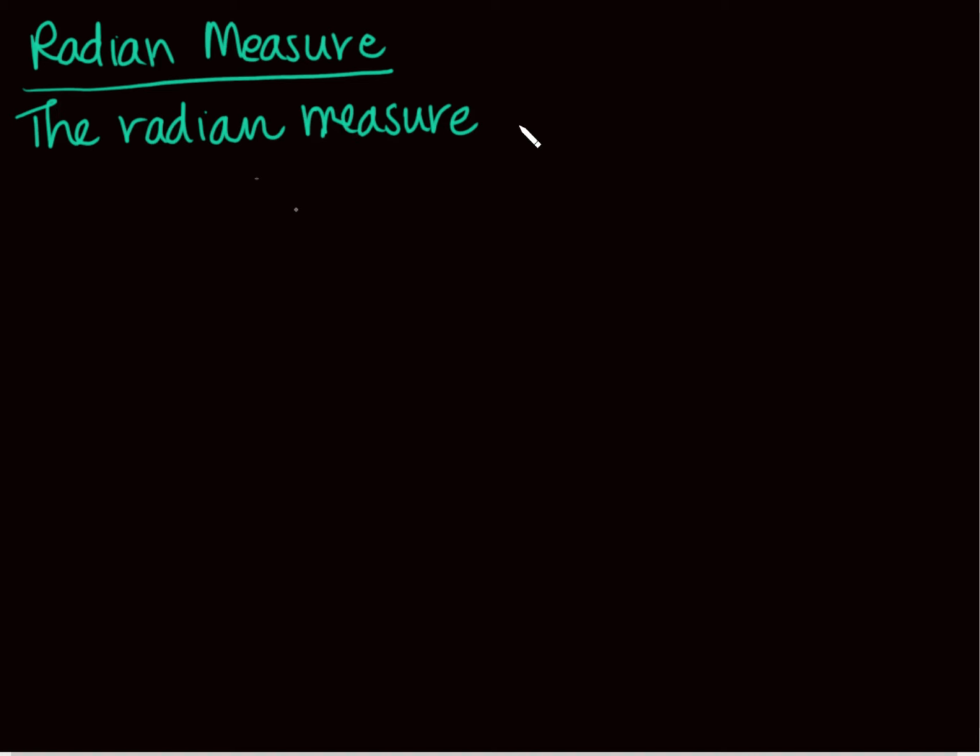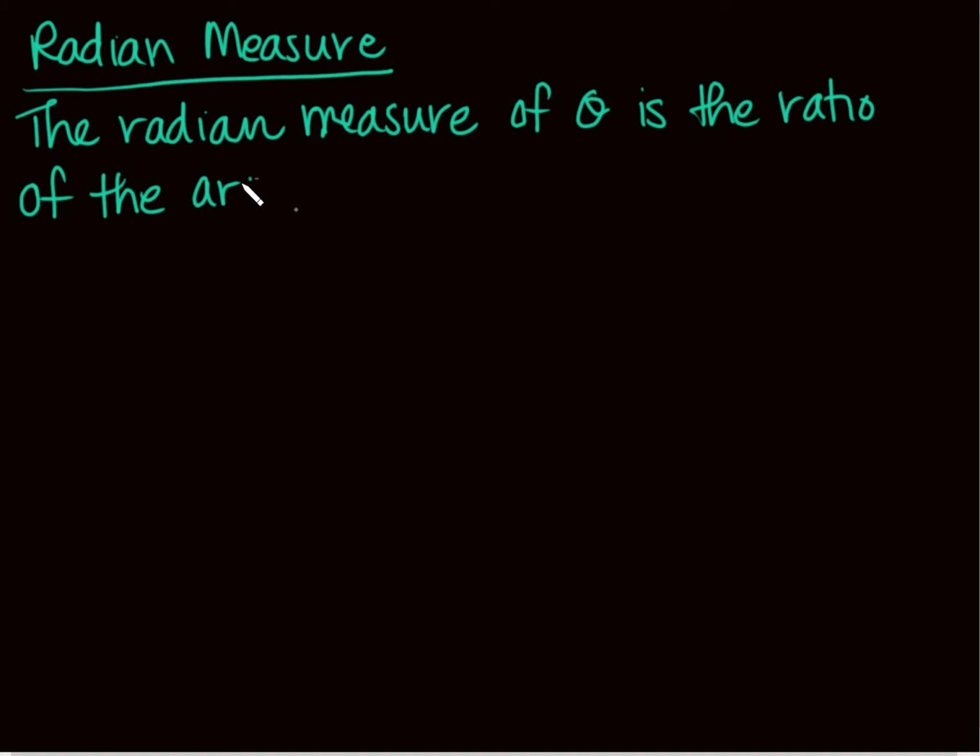But now the radian measure of theta is the ratio of the arc length the angle subtends. That is the right word.